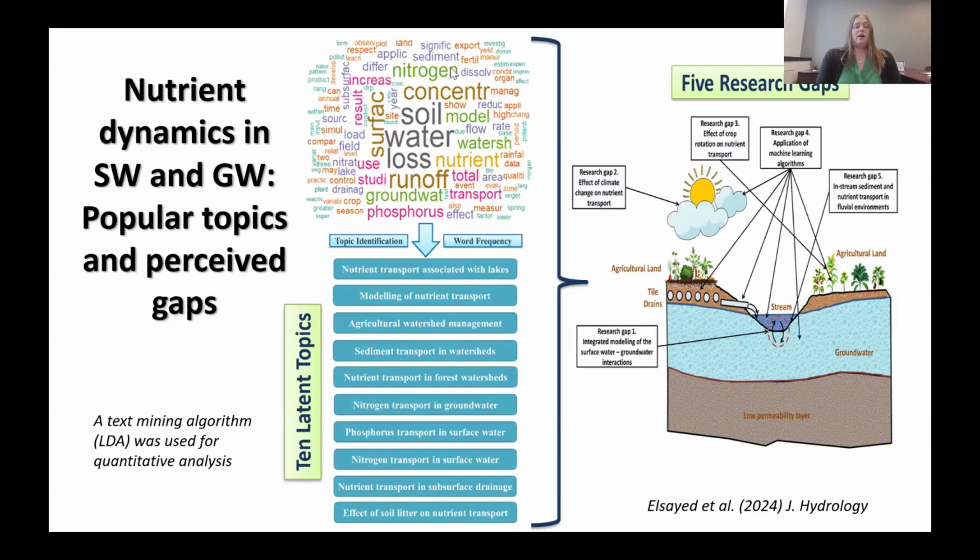And they identified also that machine learning is an area for development and an area that we can look at in a lot more detail moving forward to help us perhaps understand some new connections. And they also noted that in-stream sediment and nutrient transport in fluvial environments, so say phosphorus sorbed onto sediments, for example, could be studied some more.